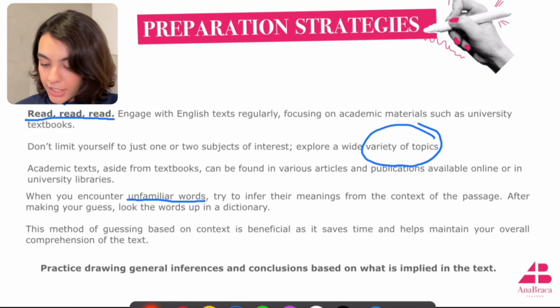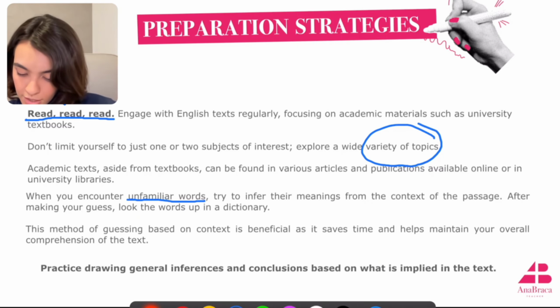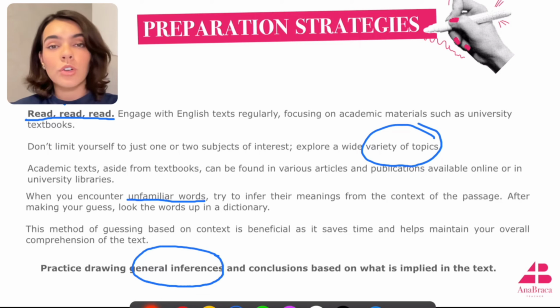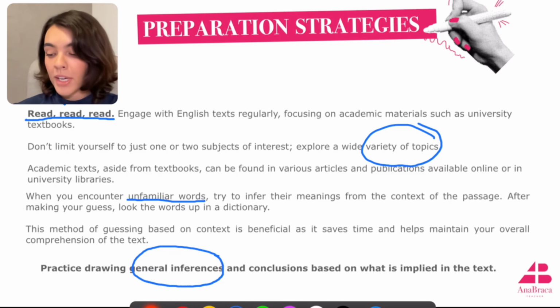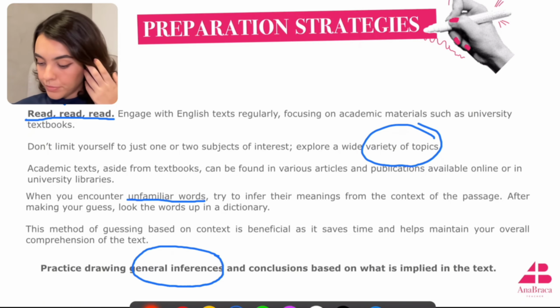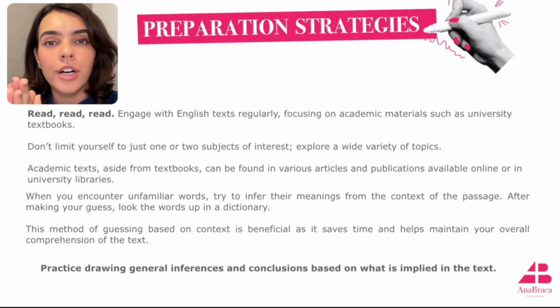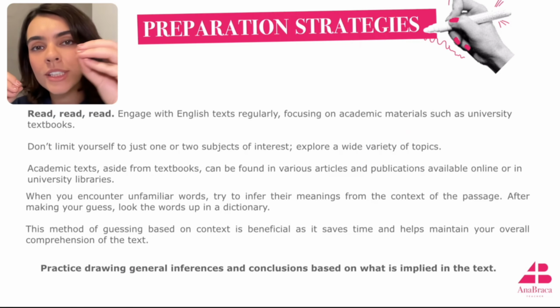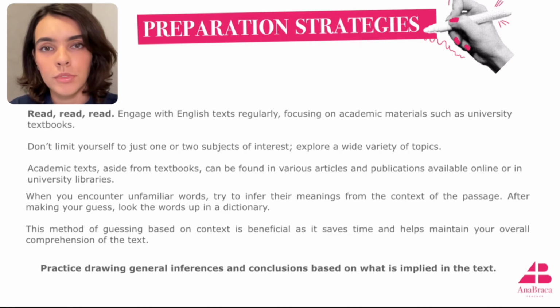And finally, you have to train making general inferences and conclusions based on the text. My tip here is, when you are taking the TOEFL, try to be interested in what you're reading, okay?